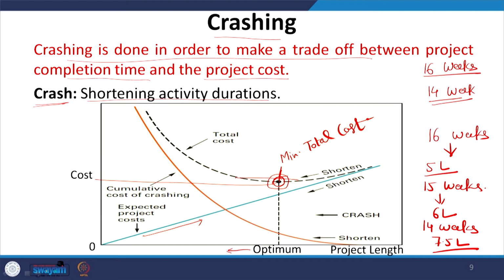You can see that around this minimum total cost, there is a sense of stability; if you further reduce the duration, there will not be sufficient escalation in the cost. But beyond a particular point, the increase in cost is very high.